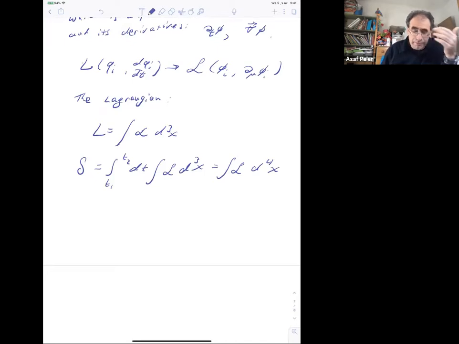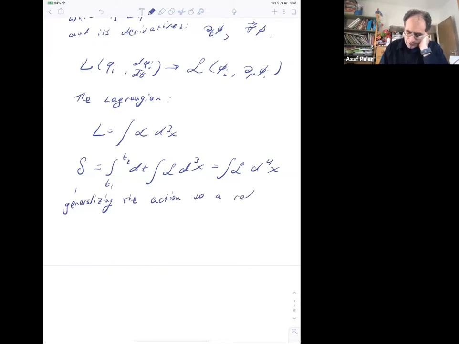So by doing that, we can generalize the concept of the action to the framework of the relativistic theory. This is generalizing the action to a relativistic theory.